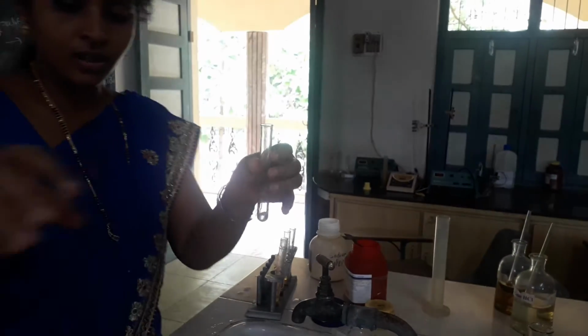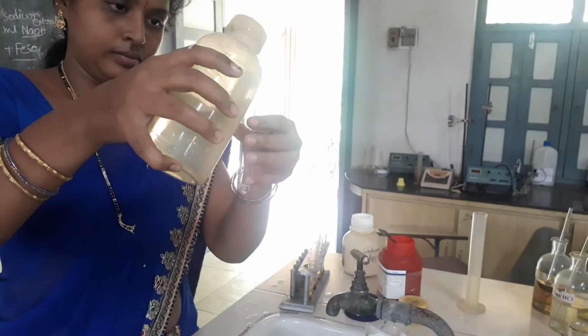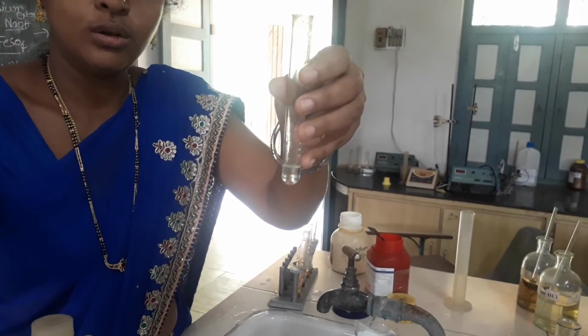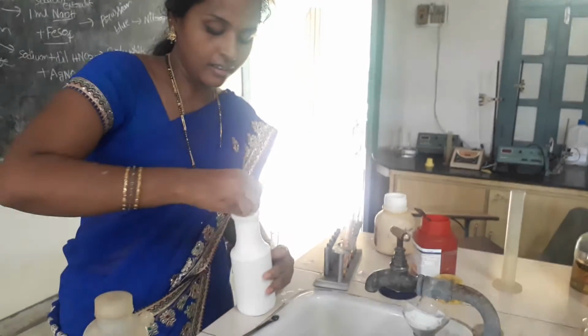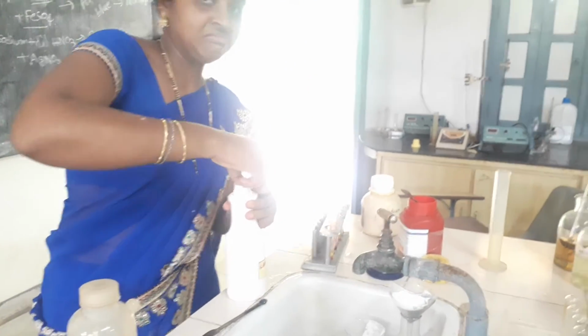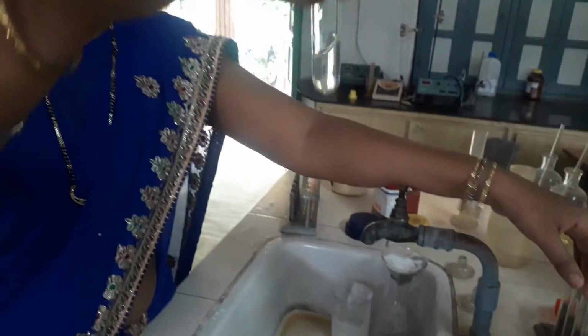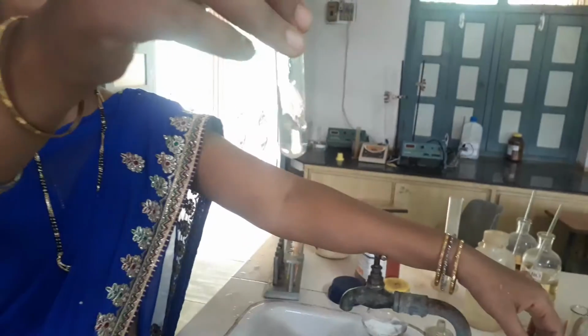Few drops of compound are taken in a test tube. To this, a few drops of water and ethanol are added, forming an oily layer.